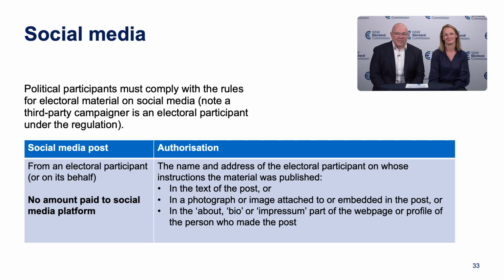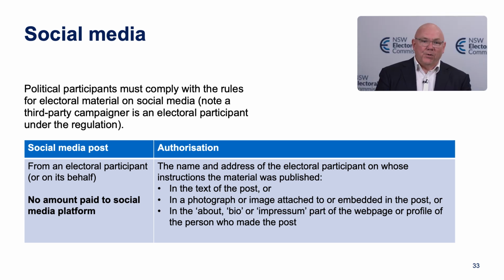Of course, many political participants will be producing electoral material on social media, and you still must comply with the rules for electoral material on social media, and this includes third-party campaigners who are electoral participants for this purpose. The distinction that is drawn is between whether an amount has been paid to the social media platform.